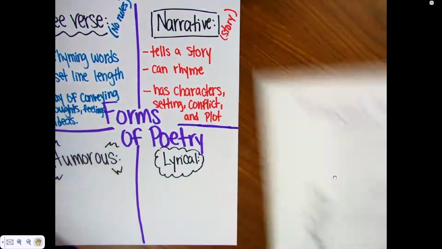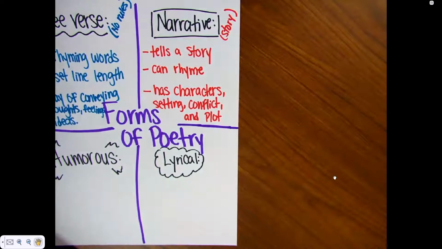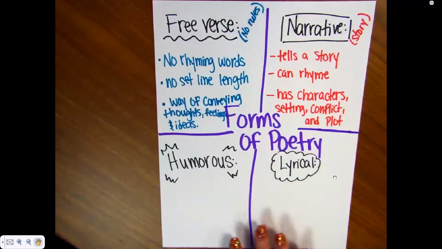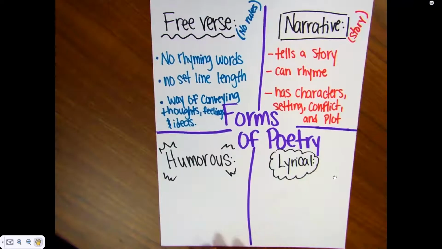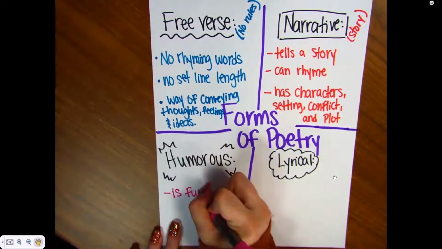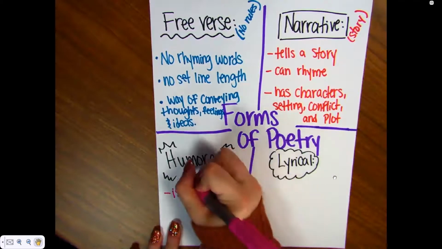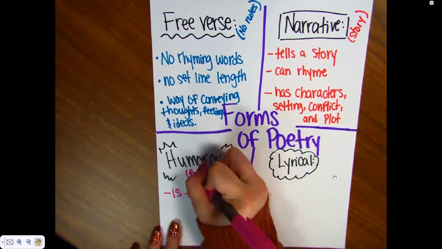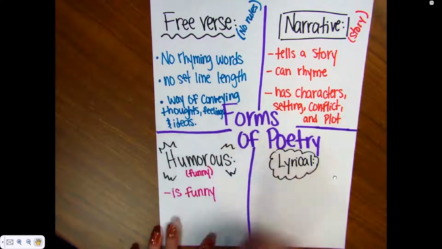All right. Next one. All right, Ollie. Humorous. What does that make you think of? Funny. Funny, right? Humorous makes you think of funny. So when you see humorous, I want you to think funny. Okay?